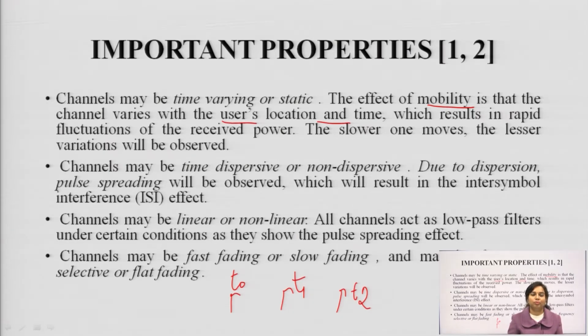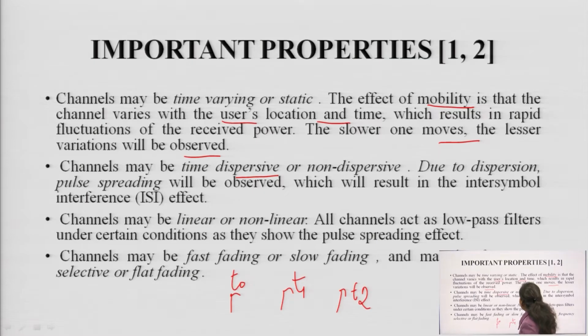Static is only possible when the receiver is moving at a very slow speed. The slower one moves, the lesser the variation. When the receiver is moving at a very slow speed, the signal received at the receiver side has very little variation compared to when the receiver is moving at a very fast speed.